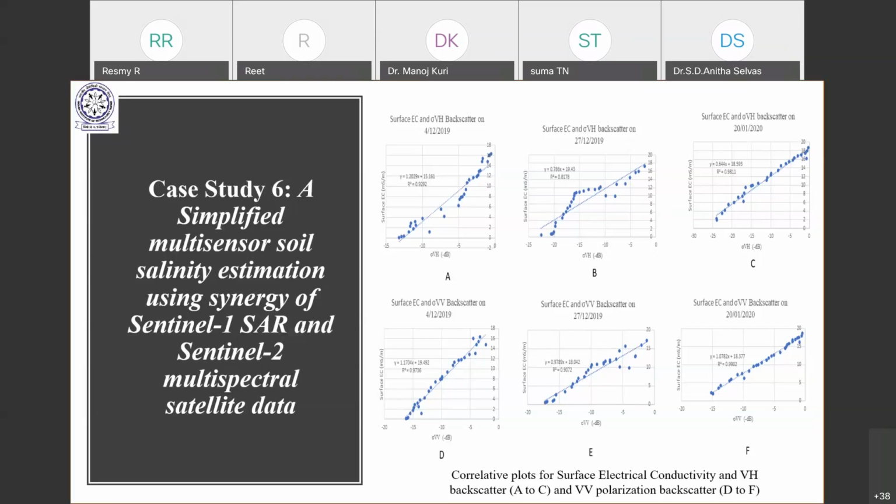So this graph here shows the relationship between the EC of the soil and the backscatter of the satellite data. And we can see that there is a high correlation between the EC and the backscatter of the SAR data, that is Sentinel-1 data.